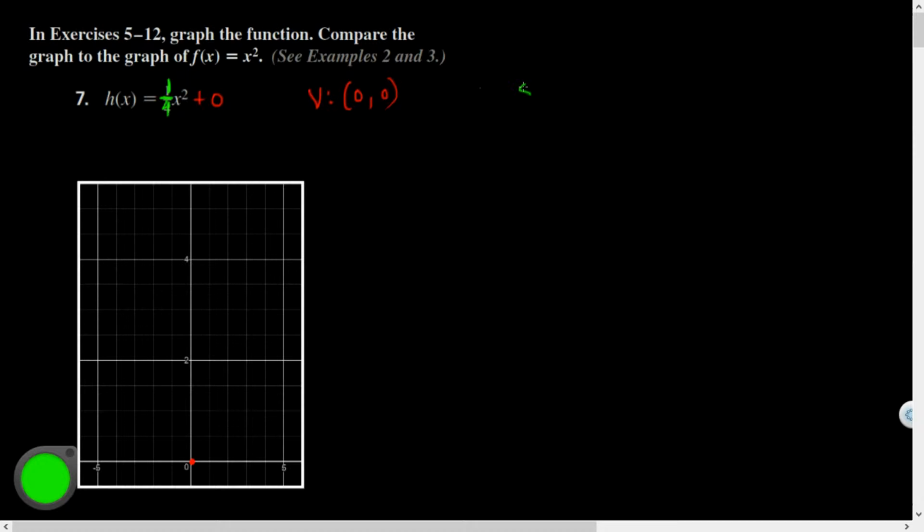Our normal slopes, just like slope-intercept form for lines, came from the m in front of our x term. Our quote-unquote slopes for quadratics come from the number in front of the squared term.